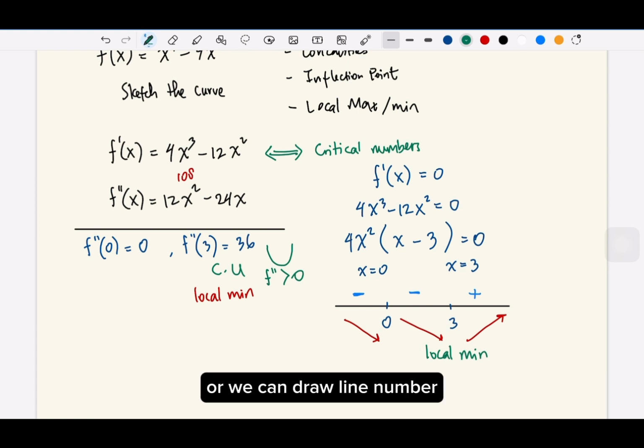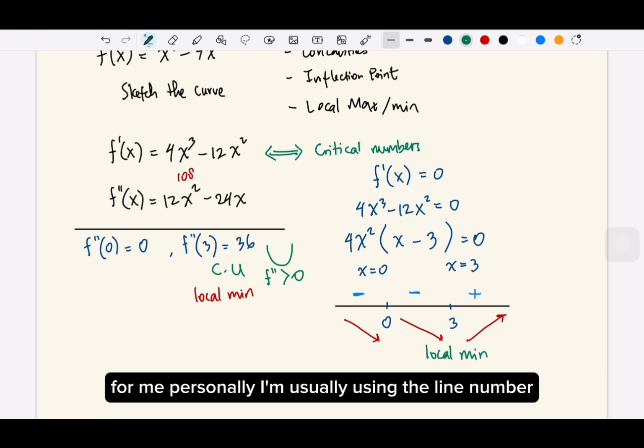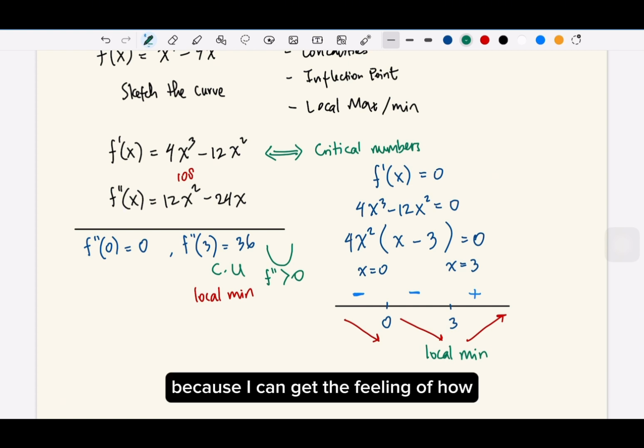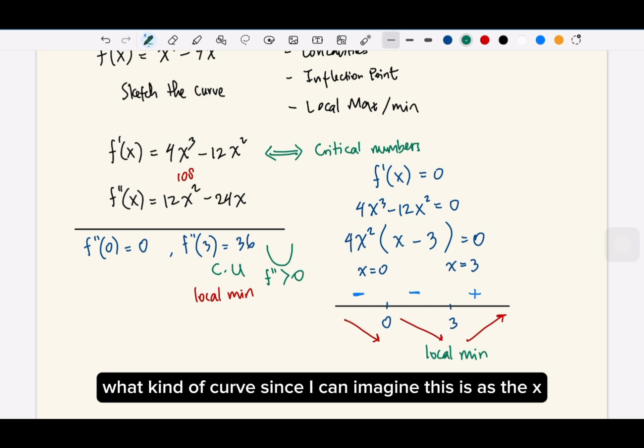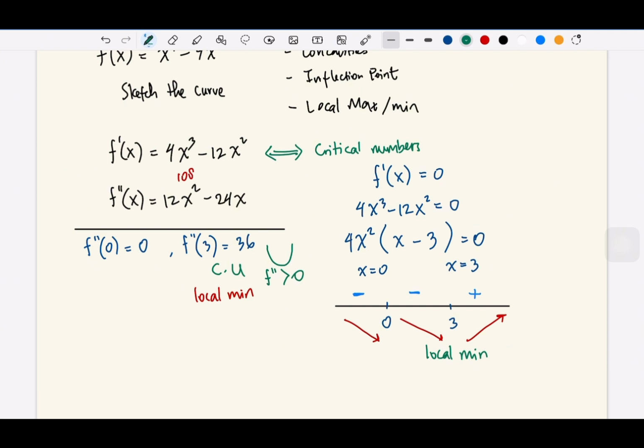Or we can draw a line number and then test the intervals. For me personally, I usually use the line number because I can get the feeling of what kind of curve, since I can imagine this as the x, and I can imagine at what point there will be some change in the graph.